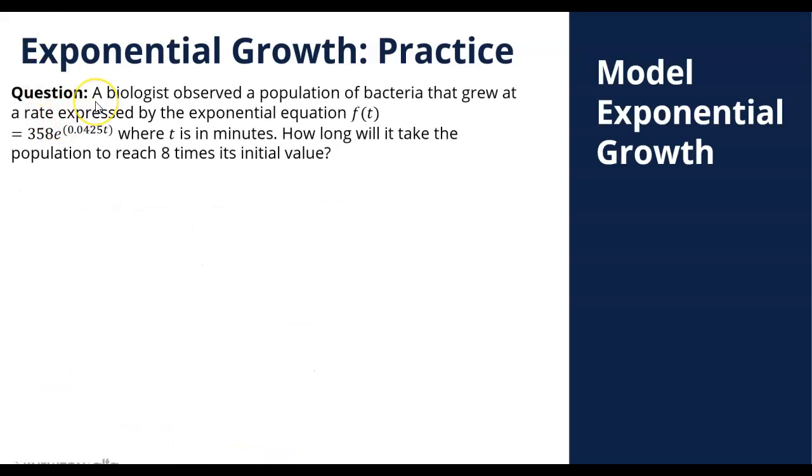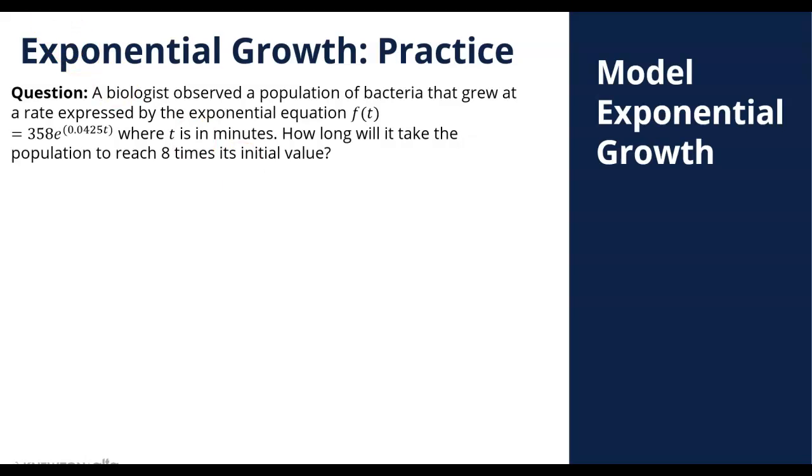Next question. A biologist observed a population of bacteria that grew at the rate expressed by the exponential equation f of t equal to 358 e to the 0.0425t, where t is in minutes. We want to find how long it will take the population to reach 8 times its initial value.